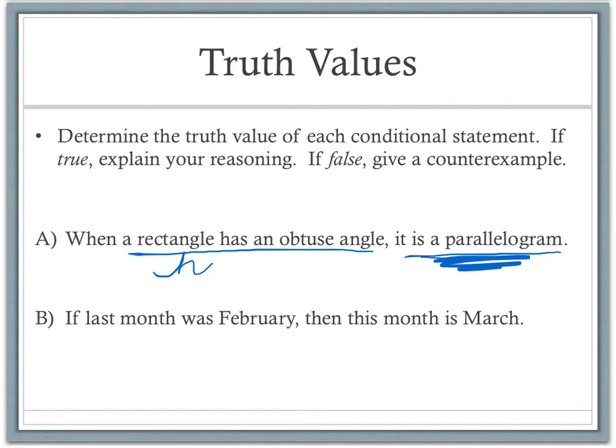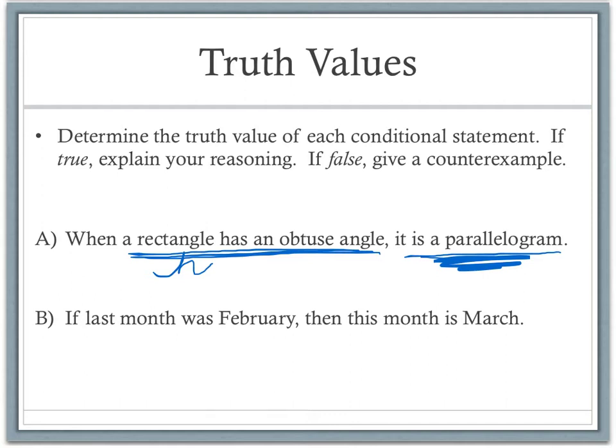So by default, when a hypothesis is false, the statement itself is true. A statement is false if and only if the hypothesis is true and the conclusion is false. In all other cases, it is true. And in this case, with a false hypothesis, by default, your statement is true.